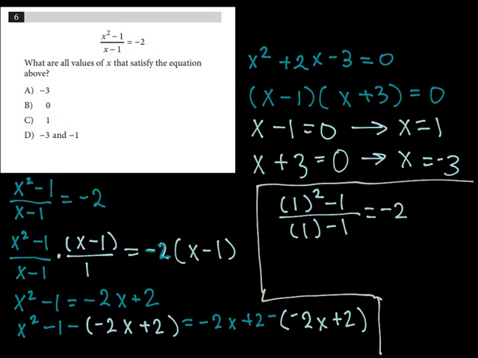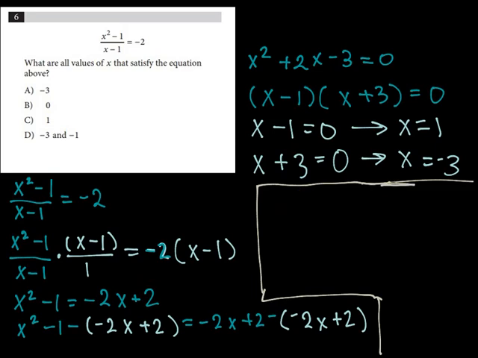However, this is incorrect because 1 squared is just 1, so 1 minus 1 is 0, and for the denominator 1 minus 1 is also 0, and 0 over 0 is undefined, so 1 is not an x value. Now let's try for negative 3.